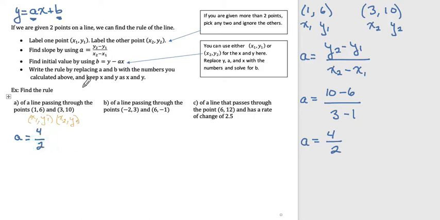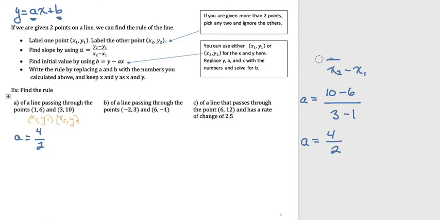Now we need to find b. So I'm going to erase the work that I've just done for a because we have it written down already. And let's take a look at finding b. We also have an equation to find b. Remember that b, our initial value, is y minus ax. b equals y minus ax.